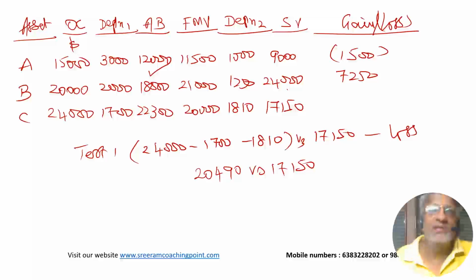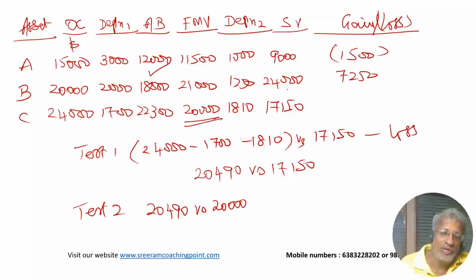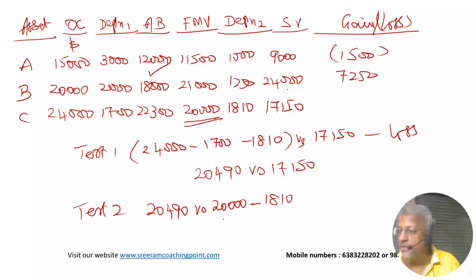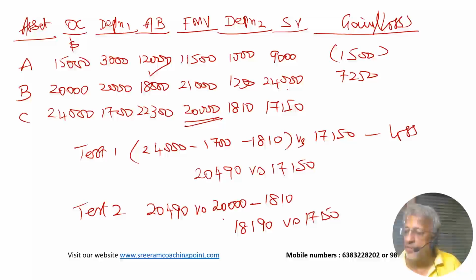Okay, when it results in loss, the ultimate loss has to be computed through test 2. So the adjusted basis on this date being 20,490 versus 20,000, the fair market value on that date, whichever is lower. That means 20,000 only I should take, minus 1,810. So 20,000 minus 1,810 gives 18,190, versus 17,150.